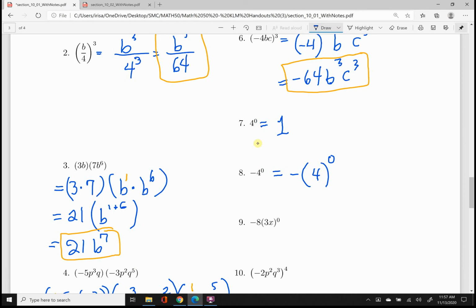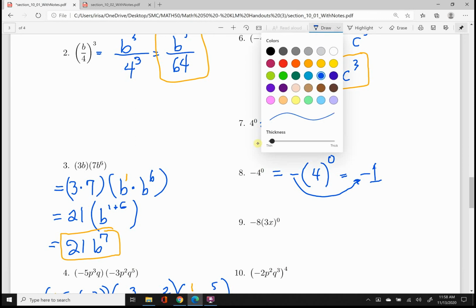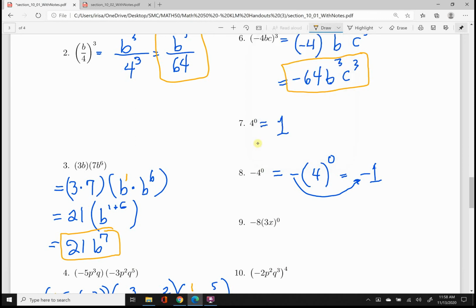So taking the 4 alone to the 0 power indeed yields a 1, but there's a negative sign that needs to come along for the ride. So technically, this last number 8 here has a value of -1. You want to be very careful when you're dealing with that 0 exponent, and make sure it's very clear to you what the base is for any exponential expression with a 0 exponent.